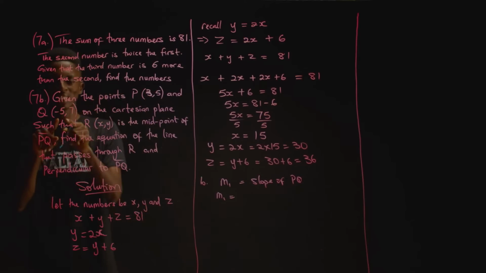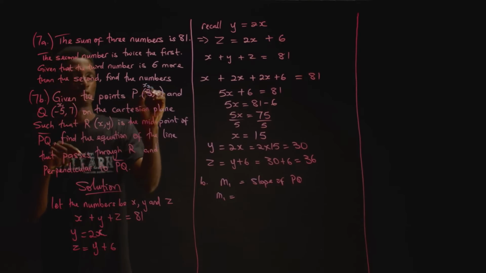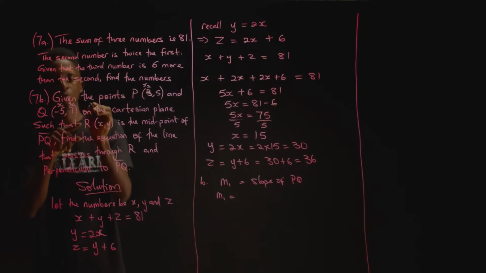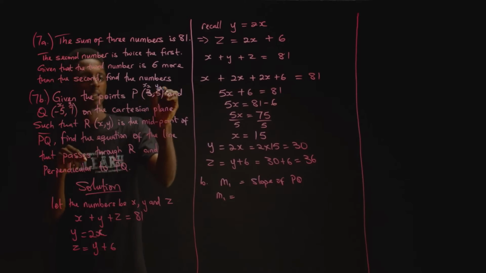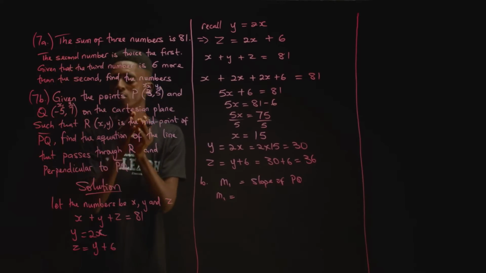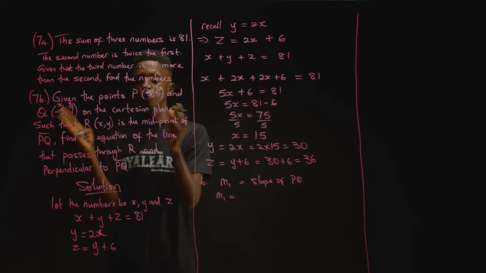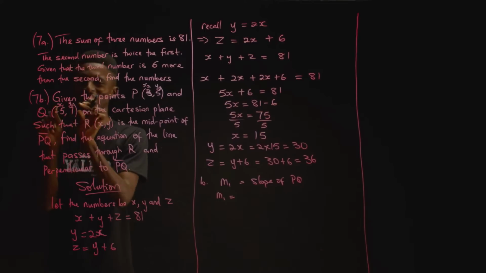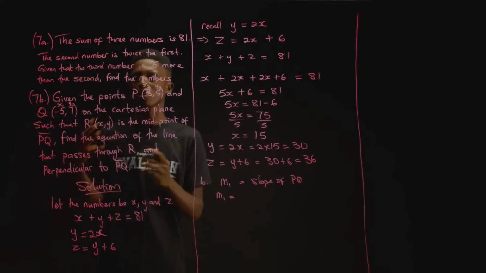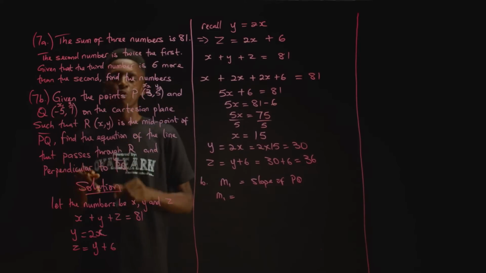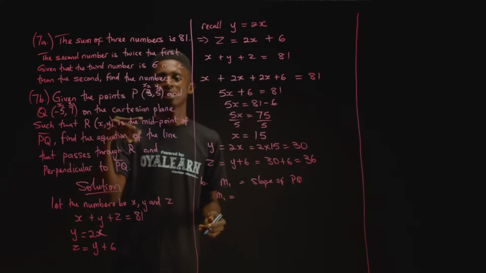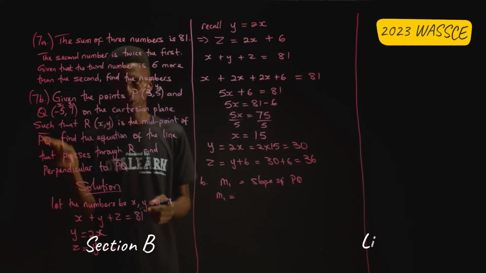We can tell that this is lower than this, so therefore this will be our x1, this is our x2, and this will be our y1, y2. So x1, y1, x2, y2. You can choose whichever one you want to work with. I just use the number that is lesser here because they didn't tell us the direction it is. To get this right, you actually have to draw. And when you draw, you will see which one is the x1 and y1, which will also look like what we have here.